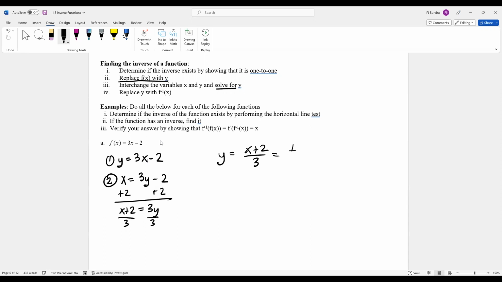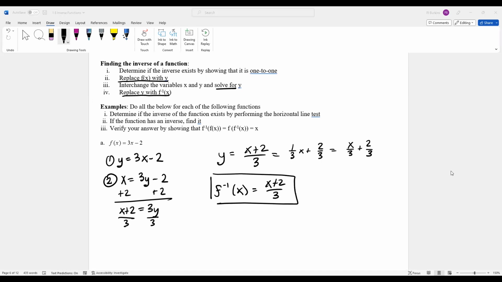Alternatively, you could write this like this, or even like this if you wanted. I'm just going to stick with this first one for now. And actually, let me not box that guy because we're not quite done. The last step says replace y with the symbol f inverse. So to finish, f inverse of x is x plus 2 over 3.